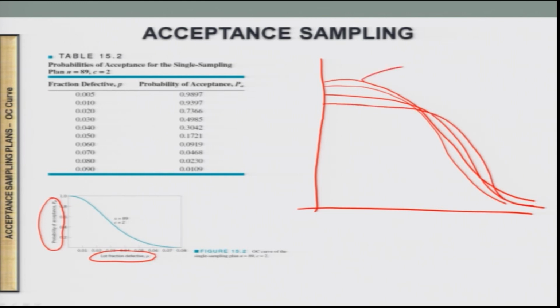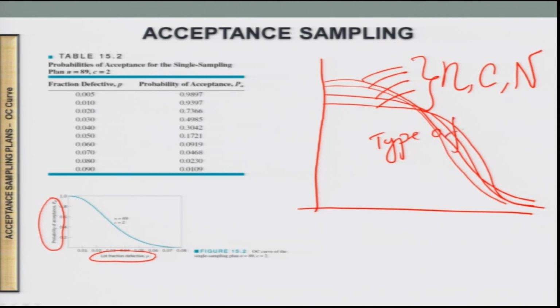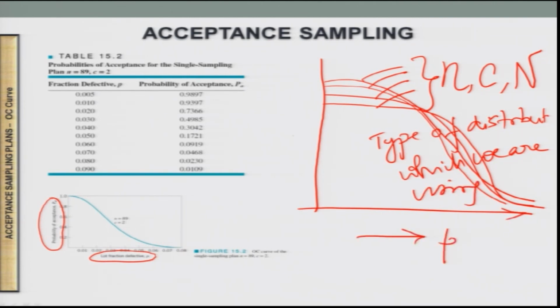All these graphs would depend on n, on C, and also on capital N, and it will also depend on the type of distribution we are using. So, this would measure P and this would measure P suffix A.